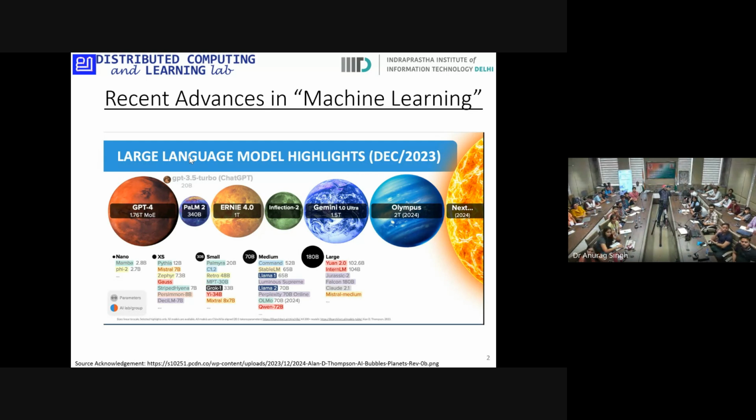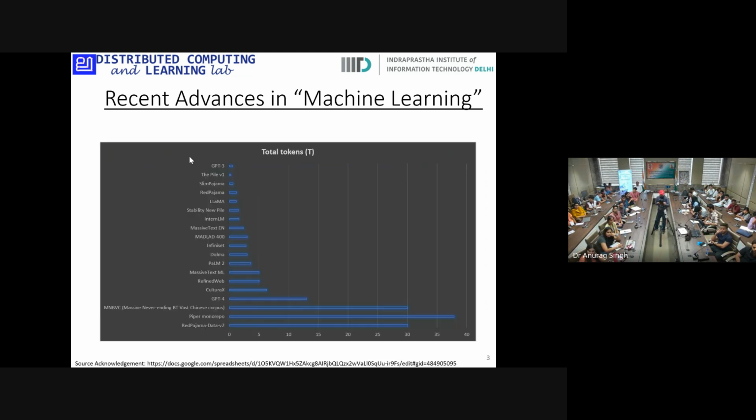So these are the recent advances in machine learning, right? All these big models, GPT-4, which is a 1.76 trillion parameter model, right? So this is again a kind of modern model zoo, a game of parameters. Not only that, tokens. We were talking about tokens in the morning.